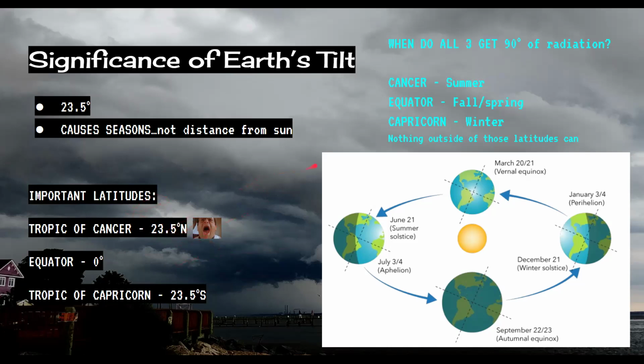It's the opposite in the winter. Tropic of Capricorn instead is the one that gets it on December 21st. The south is where we would consider it summer. Then the equator is where they get it in the fall and the spring, on the equinoxes, so September 22nd and March 20th. But like I said, nothing outside of the tropics is able to receive 90 degrees of radiation.